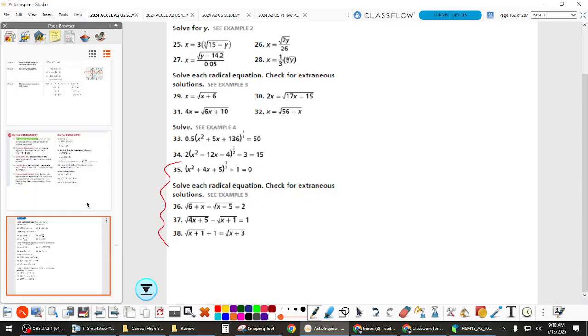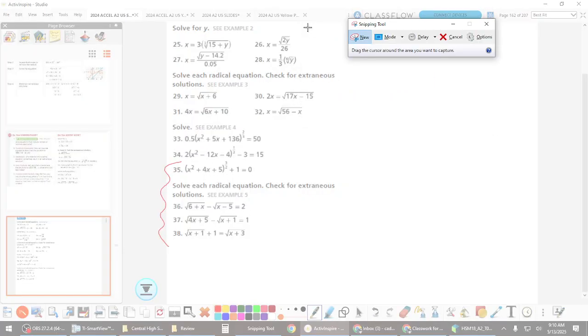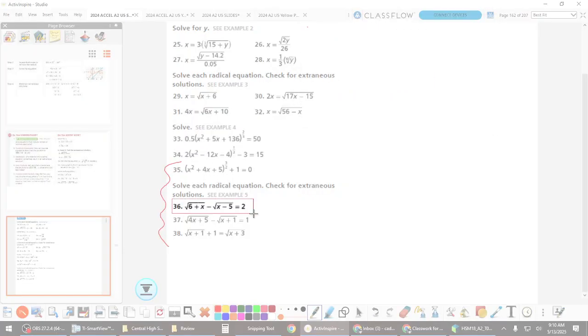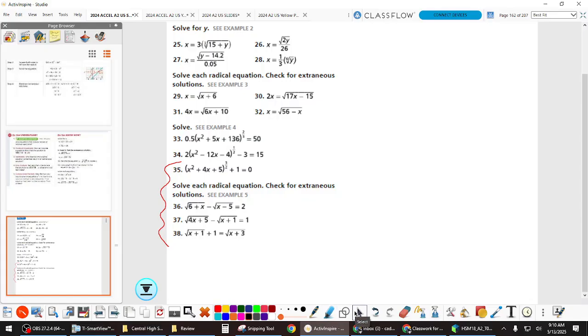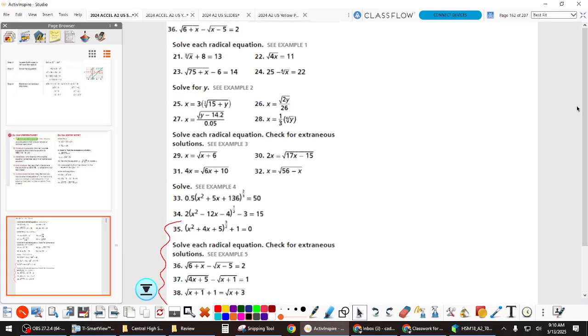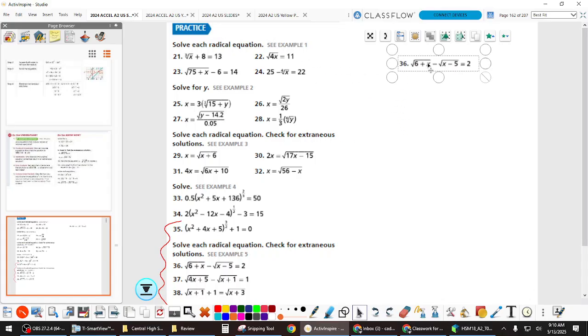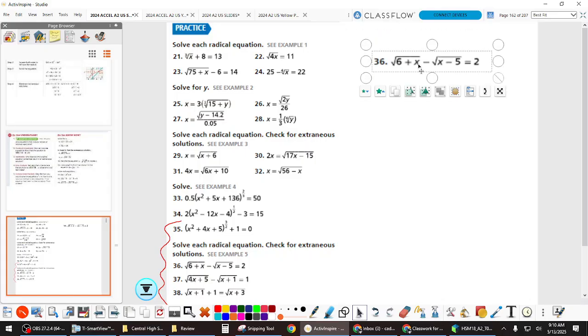No, we should have done 38. How many lines is it? Oh, I might have missed this. I was confused after this.